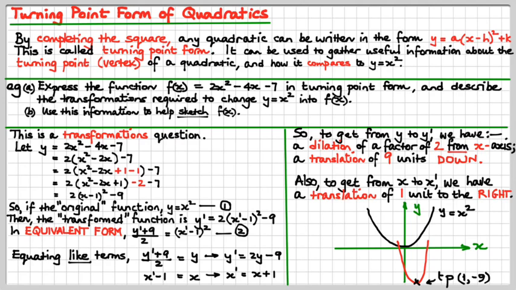Now, you might think, Wolfman, have you gone stark raving mad? Why are you doing all this? Well, it said describe the transformations required to change y equals x squared into f of x. Yes, I hear you saying, but look, once you've put it into turning point form, you can just read it off, can't you? Well, yes, you can, but I'm just showing you the long way round so that it's a little revision lesson in transformations.